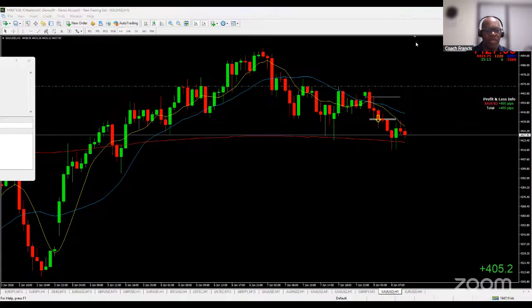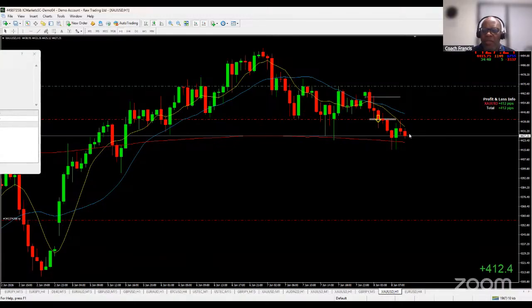So just 1 minute, guys. I've just now moved the stop loss, not to break even, but I've tightened it.